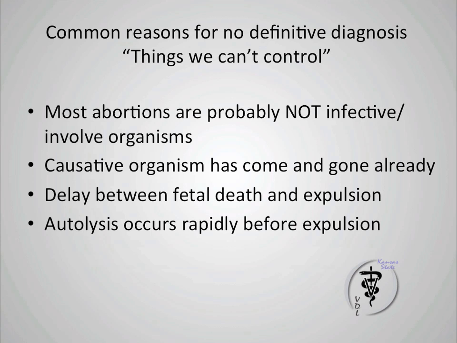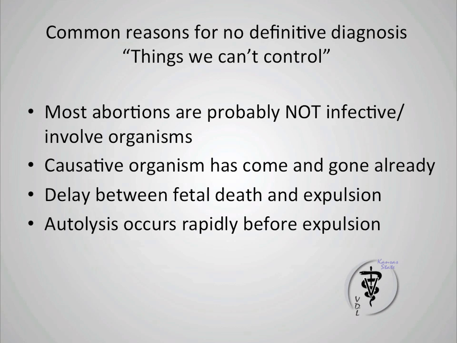I'll put up here first the things that we, meaning you and us together, can't really control with these workups. Autolysis was mentioned already. That's probably a significant one. We know that when we have autolysis, it does decrease the sensitivity of a lot of our testing. So that would be one. Other things that you guys have probably thought about, talked to producers about.